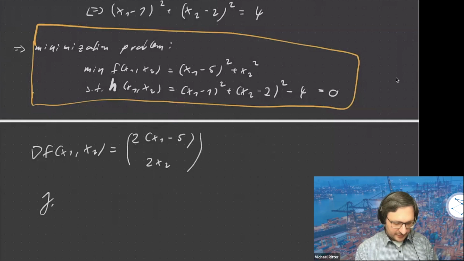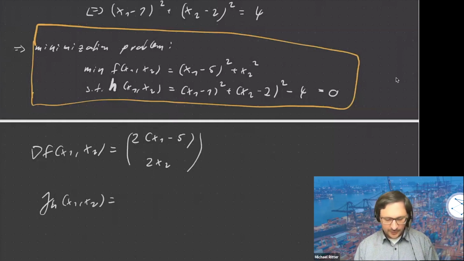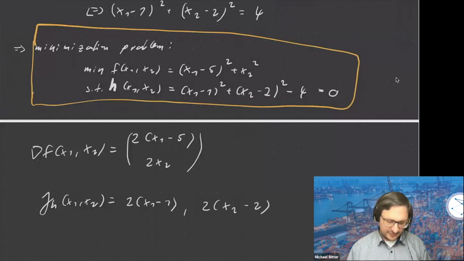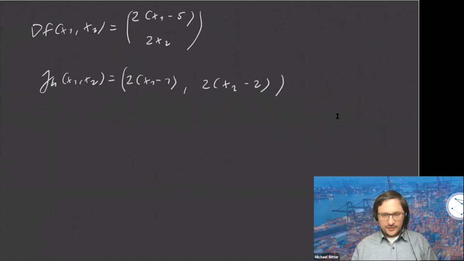And then we need the Jacobi matrix of H. Again, for the first column, we differentiate with respect to x1. That will yield 2x1 minus 1. The rest just vanishes. And the second column will be 2x2 minus 2, and again the rest vanishes. So that is the Jacobi matrix. And then you remember what we did for the Lagrange multipliers condition.